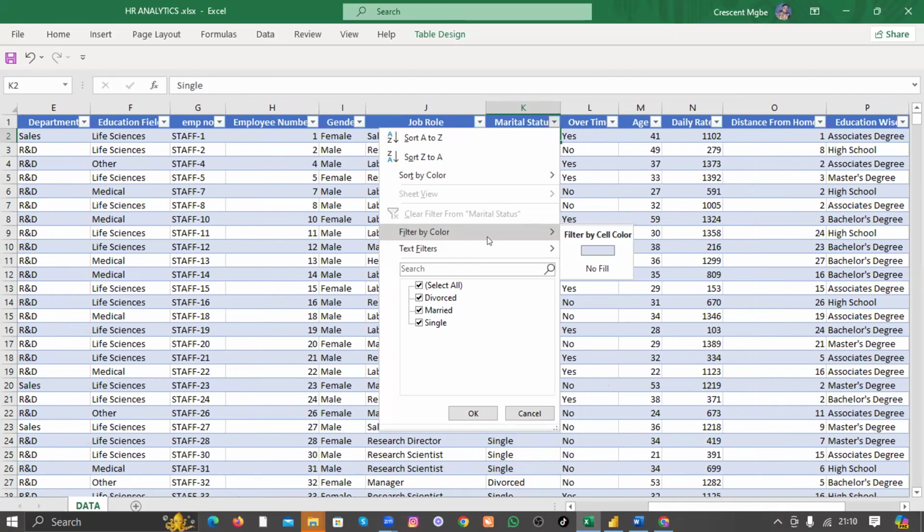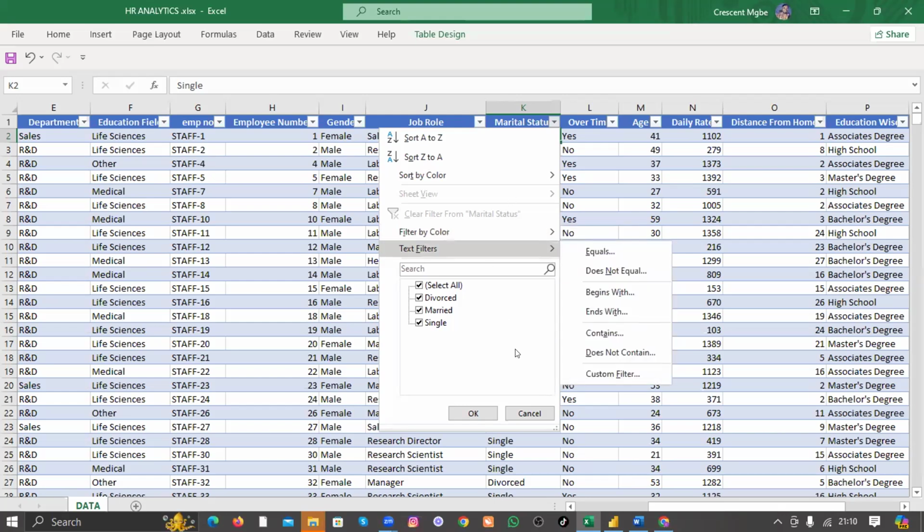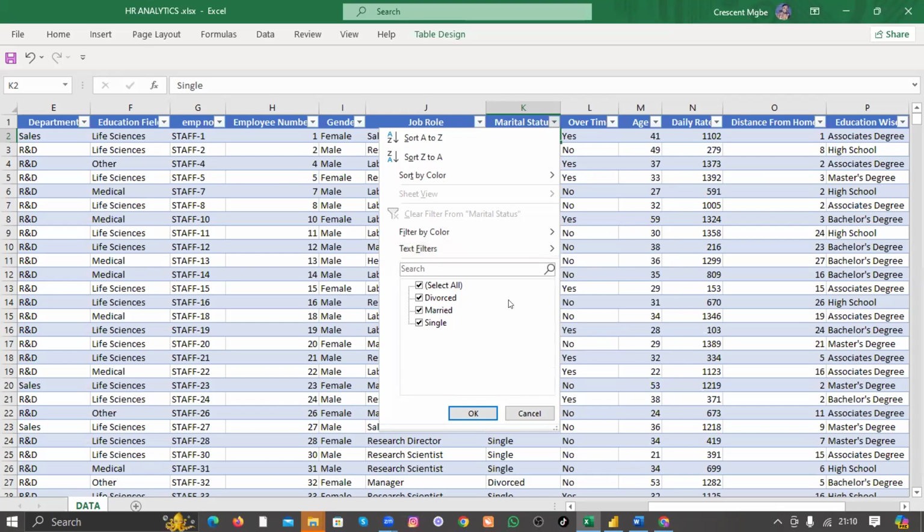They want to consider those that are married or single, so that if they are posting someone that is married to a certain area, they consider the welfare of their family. If it's going to cost them much to carry the person along with their family, they may want to just send a single person or a divorced person.